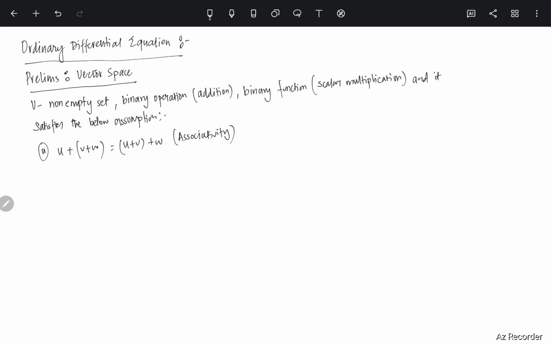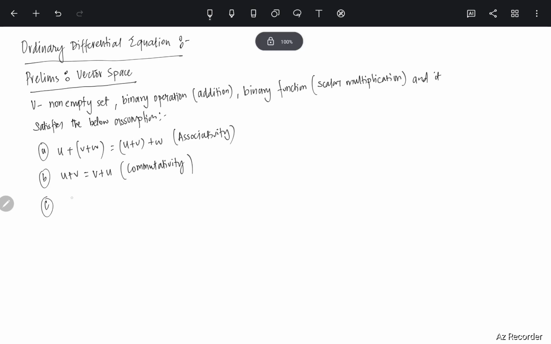Now we have something called commutativity. Commutativity is this: U plus V will be V plus U. This is commutativity of vector addition.